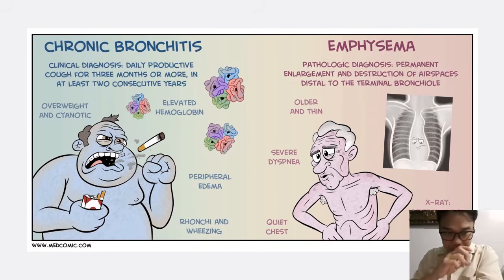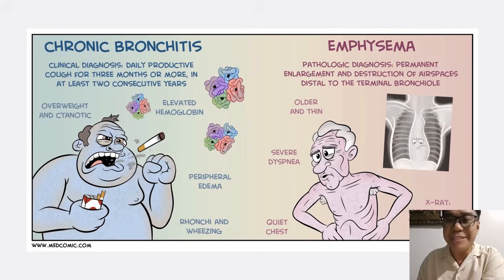I always tell my students that if you have chronic bronchitis, you are on the bigger side as compared to those who have emphysema, as you can see on our slide. Chronic bronchitis is also known as a blue bloater, so they are commonly cyanotic and look bloated or overweight.